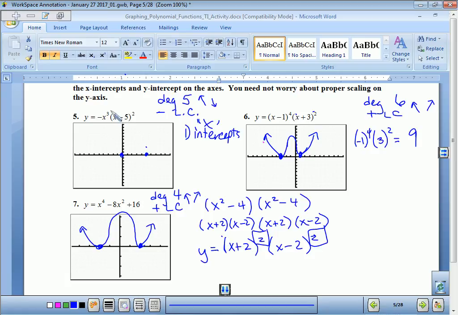Now, this has a degree of 3 plus 2, so the degree is 5. And if I were to multiply it back, my leading coefficient would be negative, which tells me it's going to rise and fall.